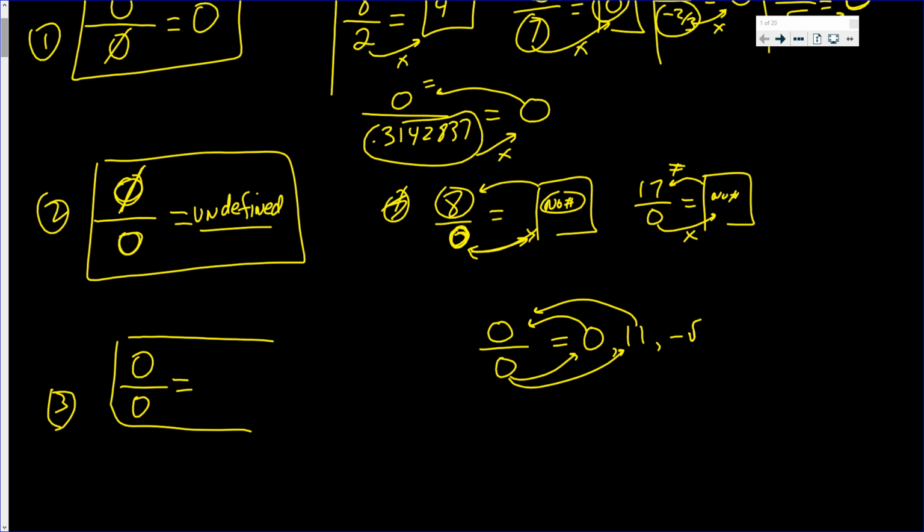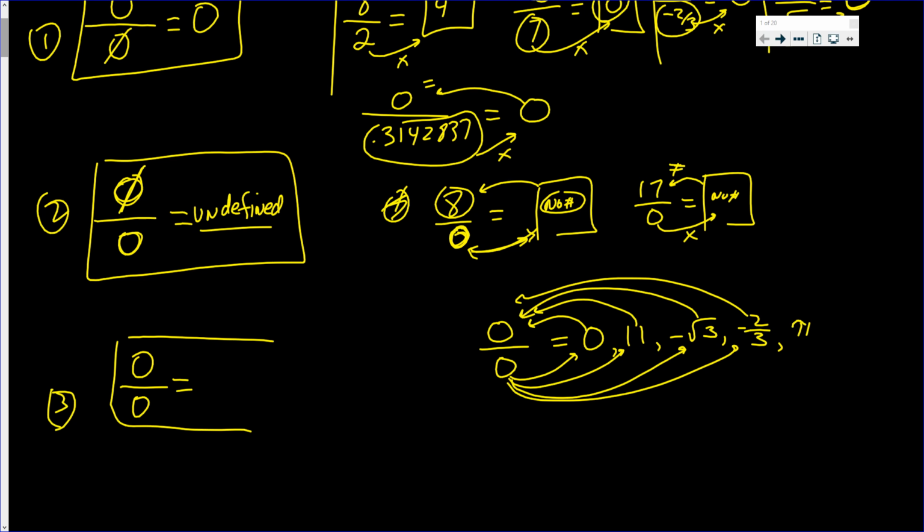It can equal negative square root of 3, because 0 times any number, including negative square root of 3, will give you 0. It can be negative 2/3. 0 times that number is 0. It can be pi. 0 times pi is 0. So it seems like 0 over 0 can equal any number.